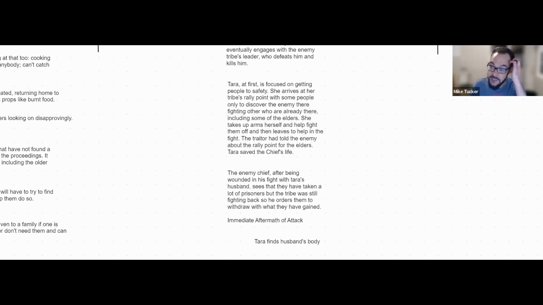He sees they have taken a lot of prisoners, but the tribe was still fighting back, so he orders them to withdraw with what they're getting. So it's kind of like he's hurt. Like, let's just go. We got enough. Yeah, time to get out of here.